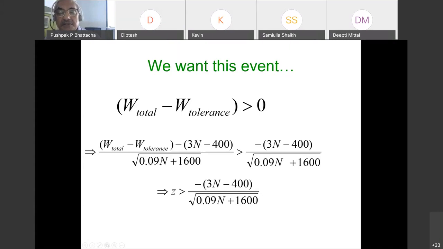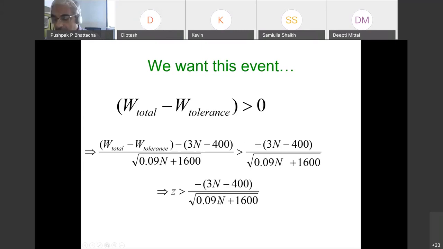Now, standard deviation is the square root of the variance. So I've divided both sides by the standard deviation. Now I am able to invoke the standard normal variable z. So the left-hand side of the inequality is the standard normal variable z, and z should exceed this quantity, 3n minus 400, divided by the square root.